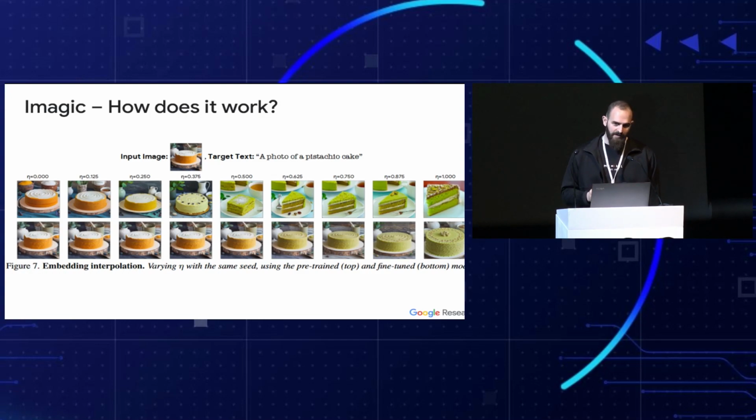On the top row, we see the same process for the original diffusion model without fine-tuning, which shows why fine-tuning is necessary, because it gives the diffusion model an idea of what the image should be, and it is able to generalize into preserving the characteristics of the original image while still aligning with the text, and not just completely transforming it into a different pistachio cake.